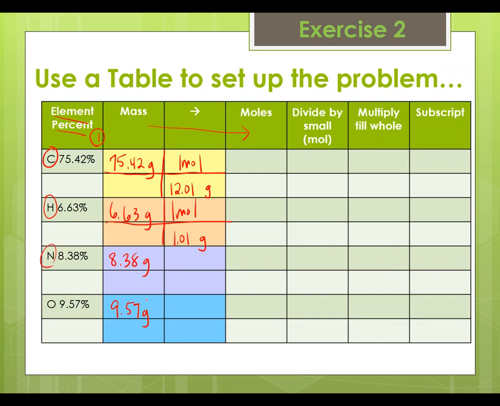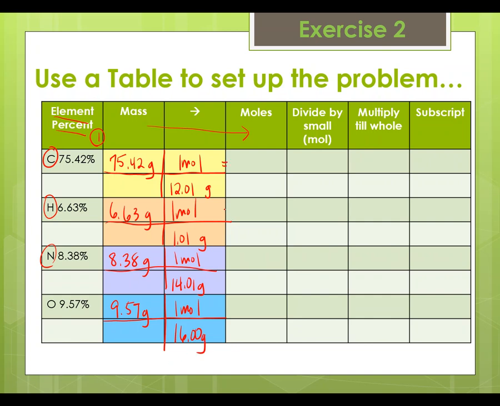And then nitrogen, this is going to be 14.01 grams, equals 1 mole. If you look at your periodic table, you would notice that value. And then, of course, most of you probably already have oxygen memorized. What's the molar mass of oxygen? Anyone? We're going to have that one memorized by now? Come on, that one's easy. 16, yes, exactly right. 16 grams, very good.